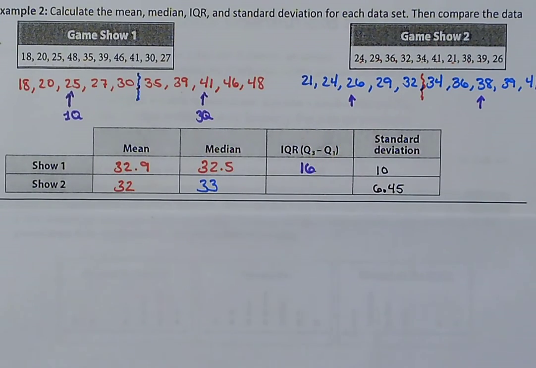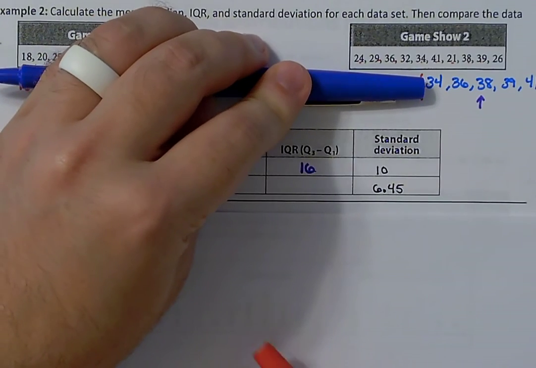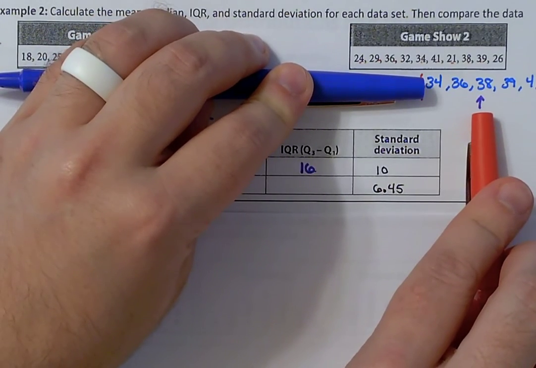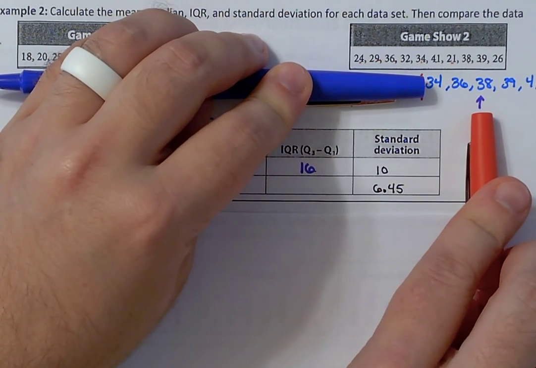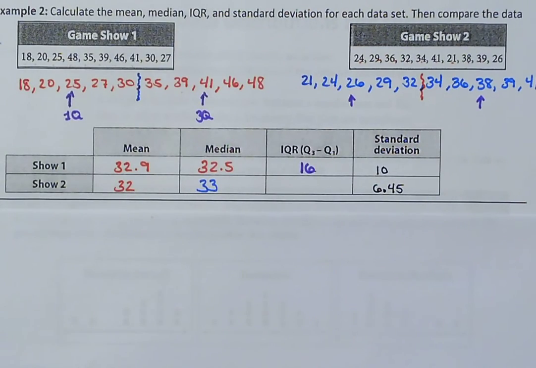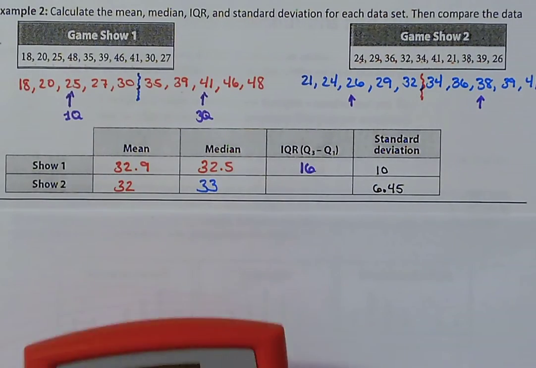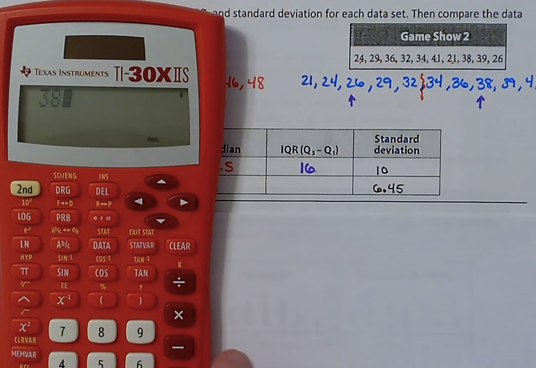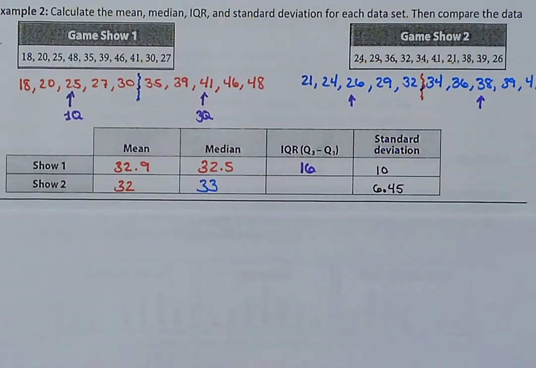And if I ignore the first half of the data, including the median, my third quartile, 38, is going to be the middle number of these 5 numbers. So now that I have my third and first quartile, to figure out my IQR we're going to do 38 minus 26, and we end up with an IQR of 12.